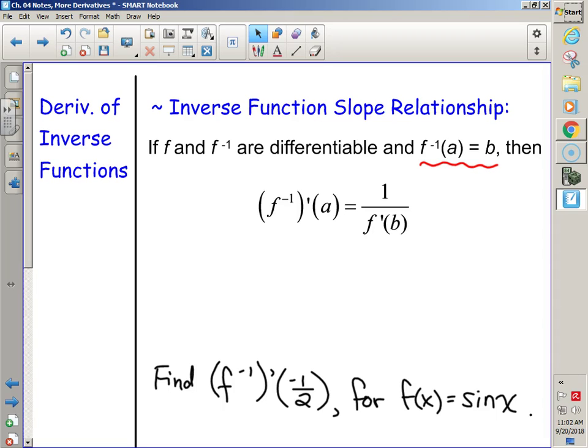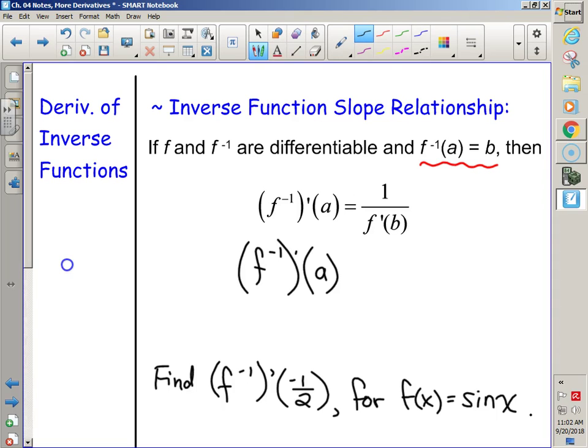What's the notation say? F inverse prime of A equals 1 over F prime of B. And another way of saying that is the derivative of the inverse at an x of the inverse is equal to 1 over F prime of F inverse of A. So is the A in the answer?